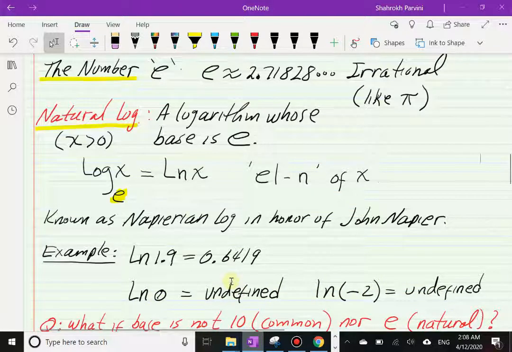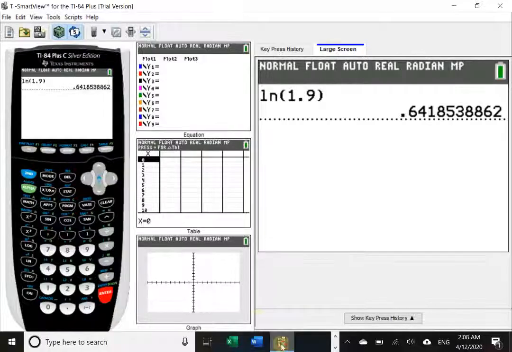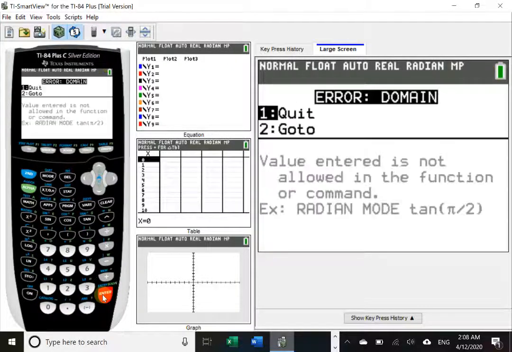But let's see how the TI calculator is going to respond to ln of 0 and ln of -2. So I'm going to go here, and let's type in ln of 0. Okay, enter. You see that? It didn't like it. And actually in here, it gives you some kind of explanation. It reads, value entered is not allowed in the function or command.